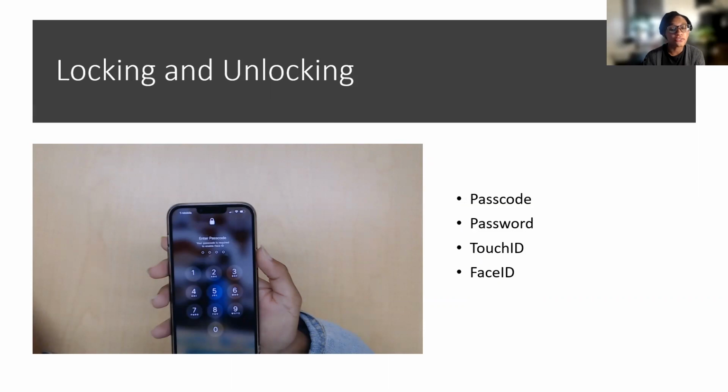Until you unlock your phone, you will have very limited access to information. Now, putting a lock on your phone is usually optional, but I do encourage people to have it, because if your phone is unlocked and it gets stolen, people have a chance to use it and see the information you put on your phone.